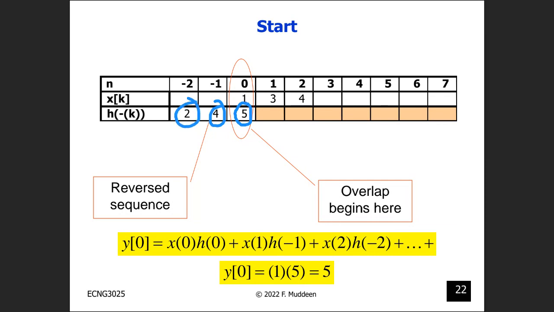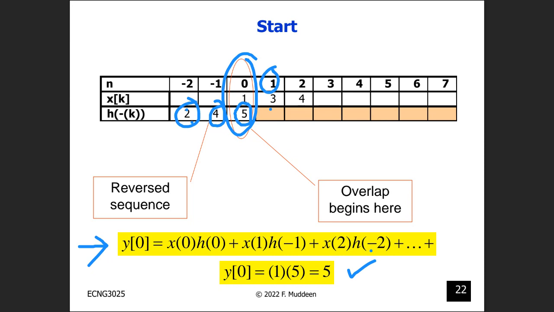And you remember, we now start with the first output, which is at n equal to 0, is x[0] h[0], which is this. So that's 1 by 5. x[1] h[minus 1], you notice I have no overlap. x[2] h[minus 2], you notice you have no overlap. So the first value of the convolution is 5.